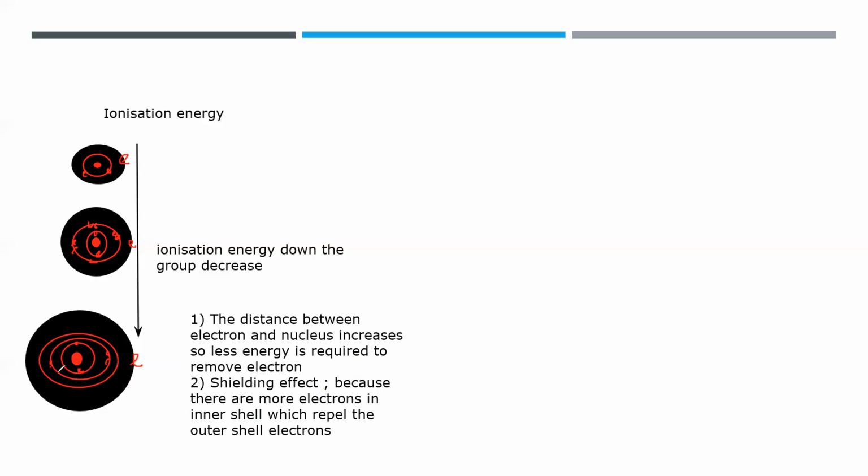These electrons will repel the outer shell electron, and when the outer shell electron experiences repulsion from the inner shell electrons, we call this effect the shielding effect. The shielding effect increases as the number of inner shell electrons increases. Is it clear? Is this idea about the shielding effect clear?